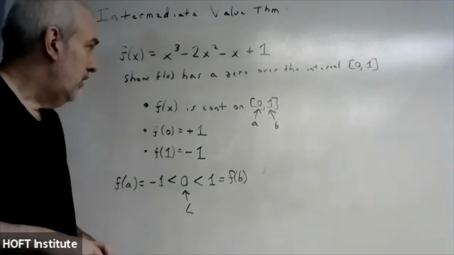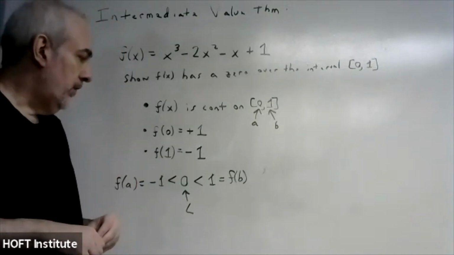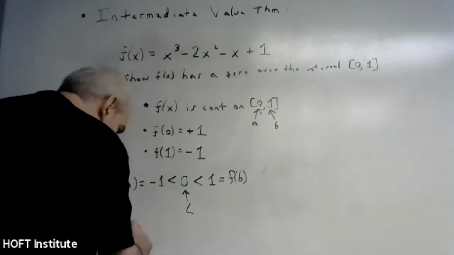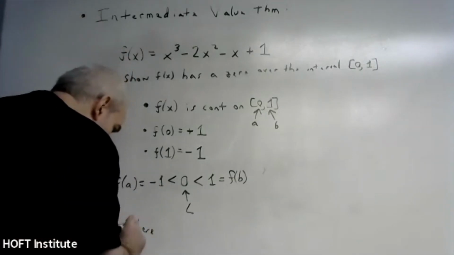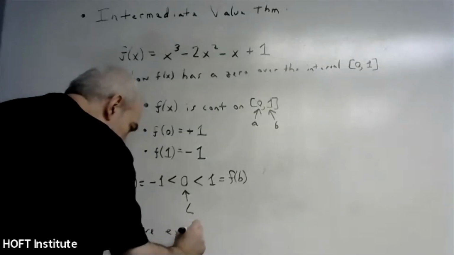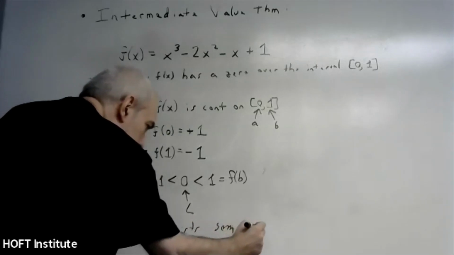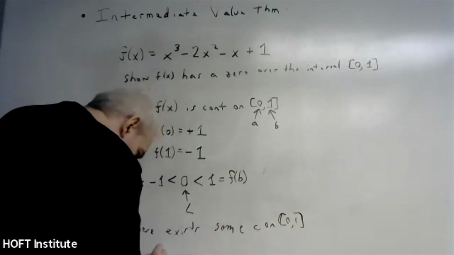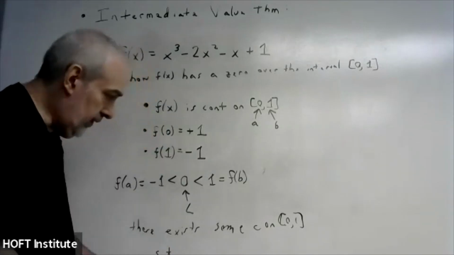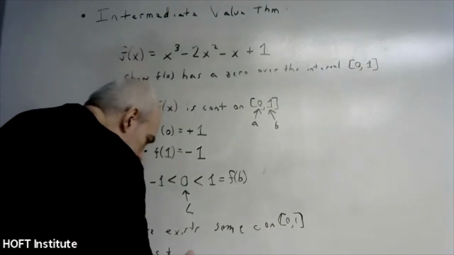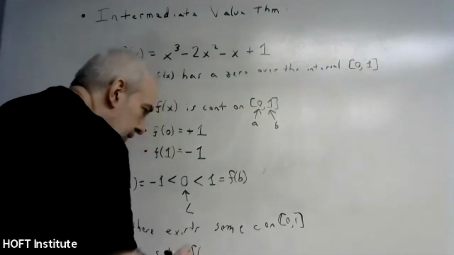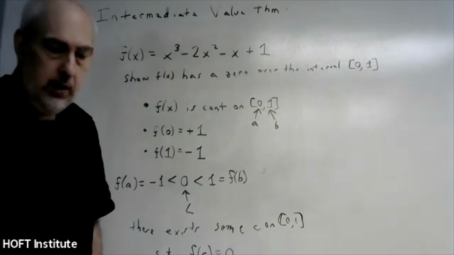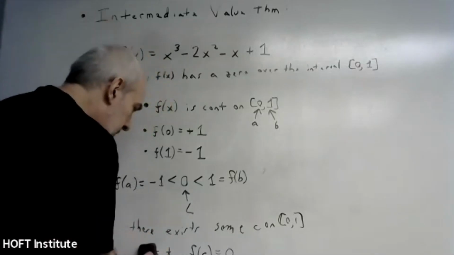Okay, so this is an example of where we can use the intermediate value theorem. Let me just state that there exists some C on that interval 0 to 1 such that (ST is an abbreviation for "such that") f of C equals 0.